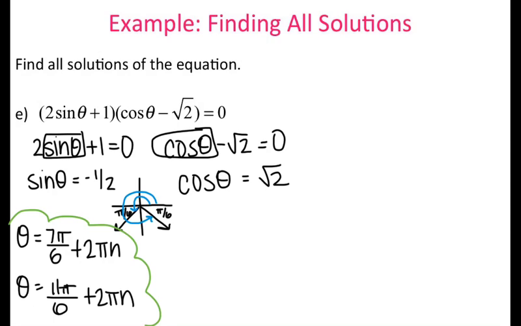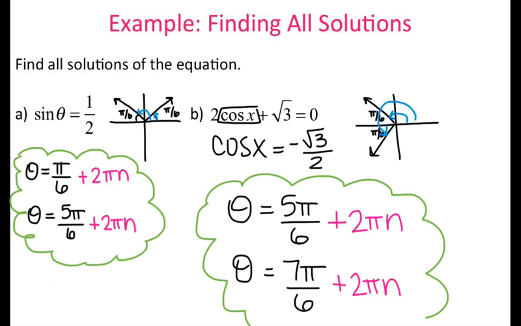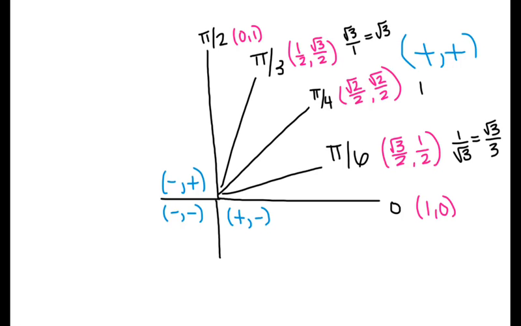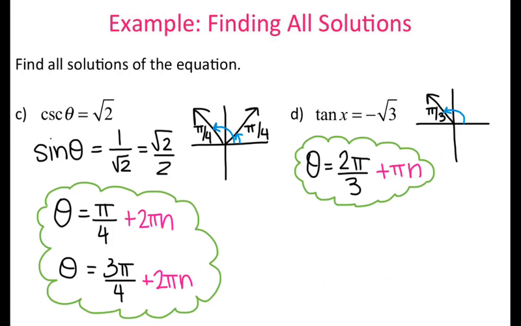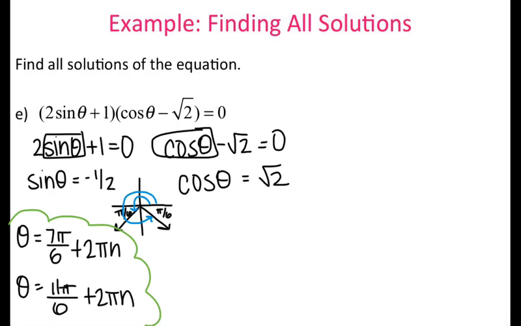Now for the second equation, cosine of theta equals root 2, if we go back to the first quadrant, you don't have any x-coordinates that would give you a root 2. So this equation actually has no solution.